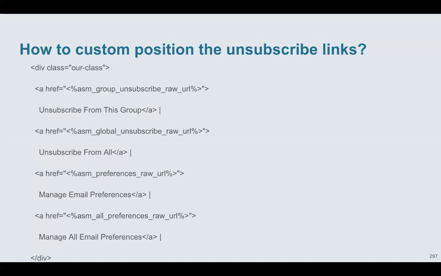If you have not done that, that's okay. This is just a small snippet of code that you can add into your email template wherever you want to place those links, and you can control whatever text you want to display. I'm going to demonstrate that in one of the templates today.